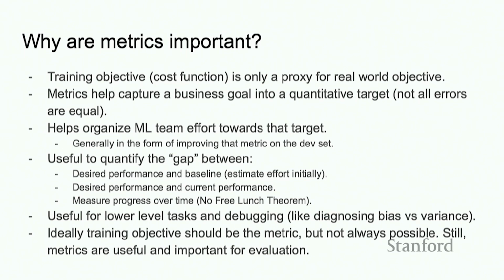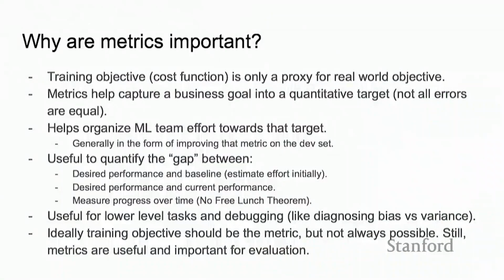It's also useful to quantify the gap between the desired performance and the baseline. It's easy for, say, a product manager to define what the evaluation metric should evaluate to on your dev set, but it's hard for someone to say what the loss value should be on a dev set. So evaluation metrics are useful to measure how well your model is doing in terms of your desired performance level, and to quantify that gap.